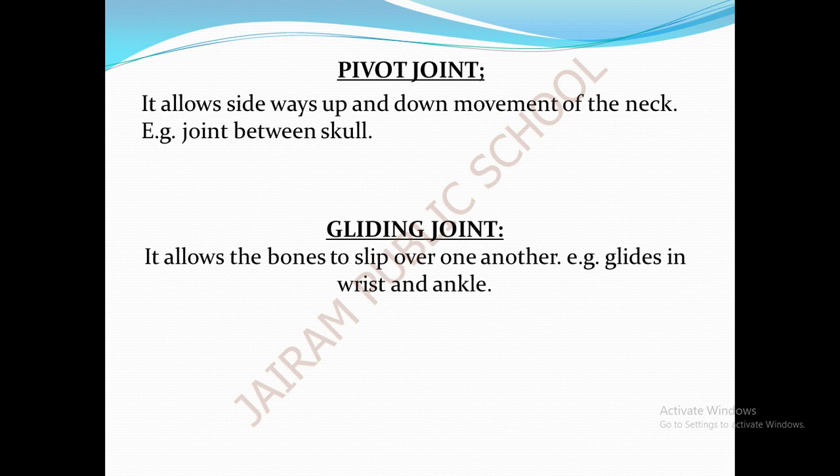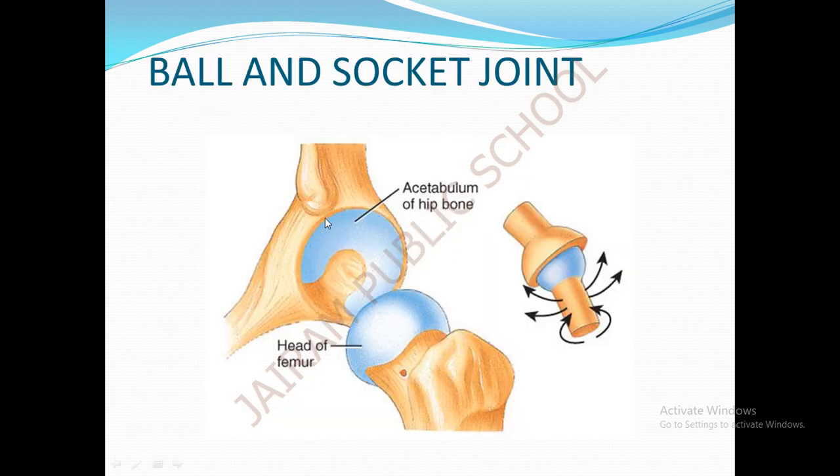Let us see a picture of each type of joint so you can be clear about the types of joints. The first is the ball and socket joint. Look at the picture. Here one end of the bone has a socket-like structure and the other end of the bone has a ball-like structure. So this ball is fixed into the socket.